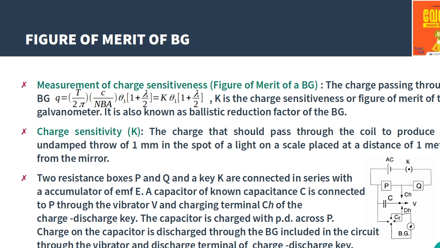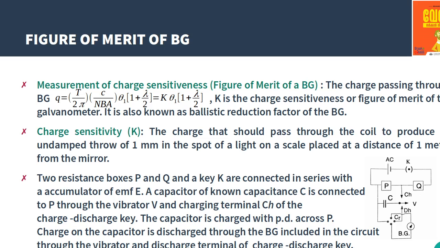Because this capacitor is used to store the charge produced from the potential across P. Here we are not applying the potential across P directly to Vg, because that time we were applying a voltage. Here we have to get the charge. So to convert the potential difference across P to charge, we use a capacitor here.